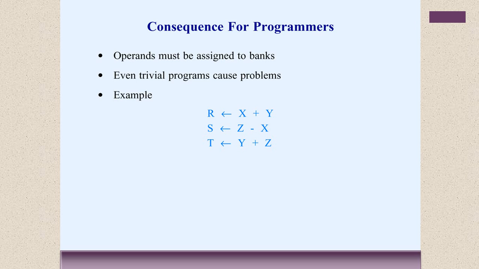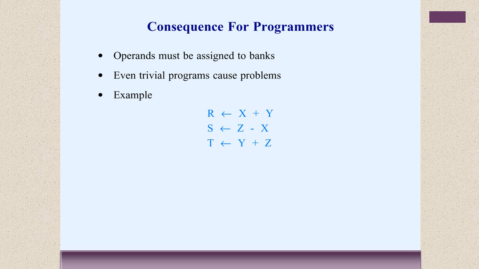And then we have to assign registers to banks. This slide indicates that even trivial programs can cause problems. For example, x plus y is loaded into the R bank, but then z minus x is loaded into the S bank, and into T we get y plus z.